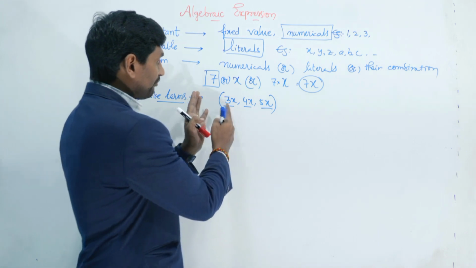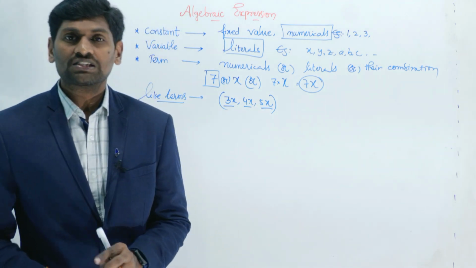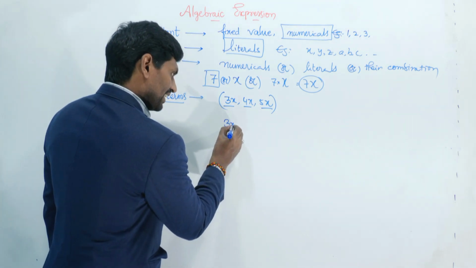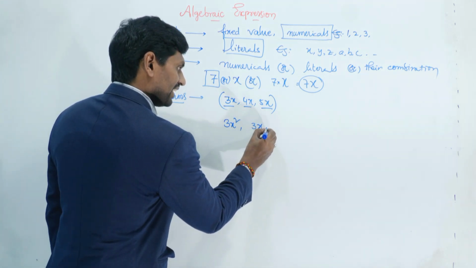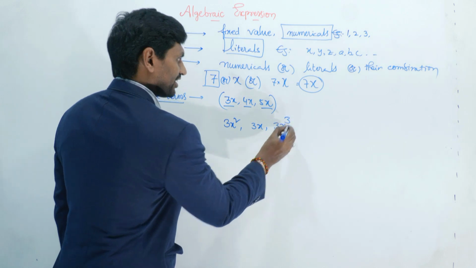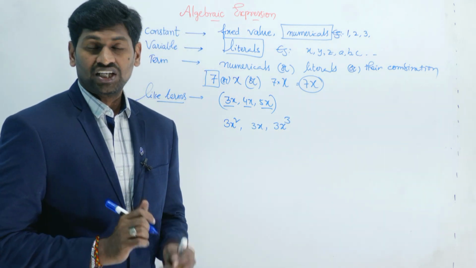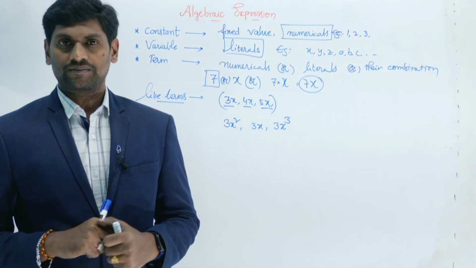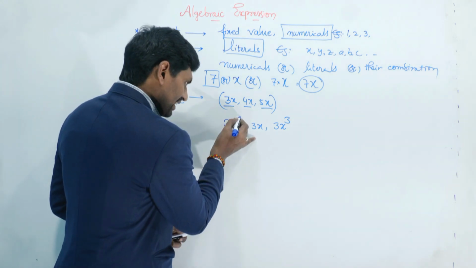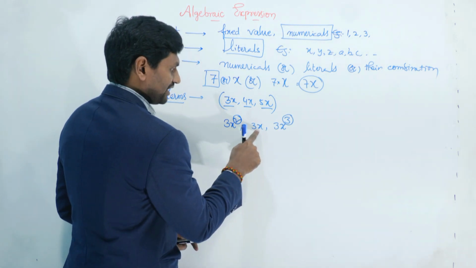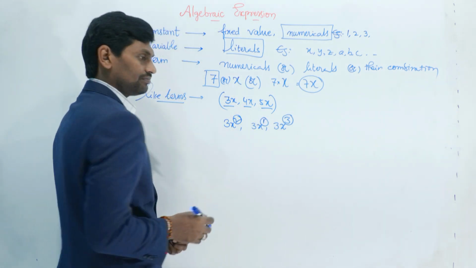You can have different numbers, but the letters must be the same. For example, here 3x square, 3x, 3x cube. All have the same letters, but these are not like terms because their powers are different, exponents are different. Here 3x means power 1.